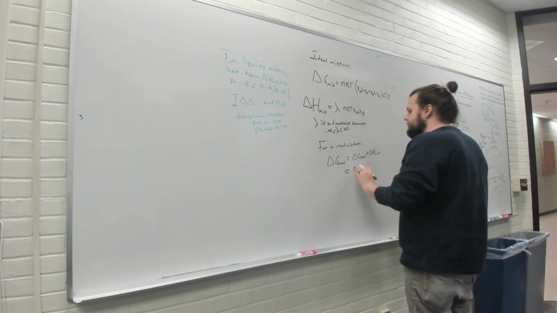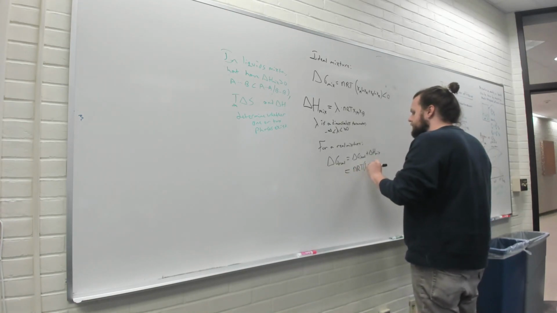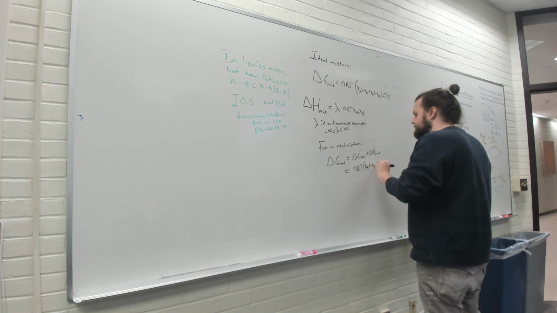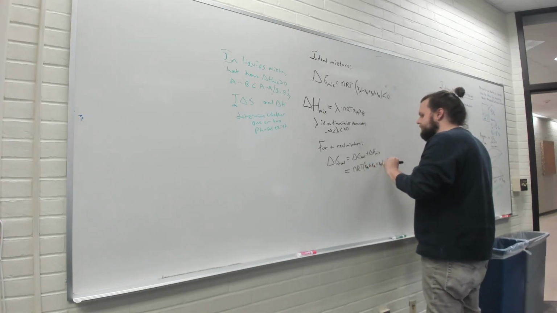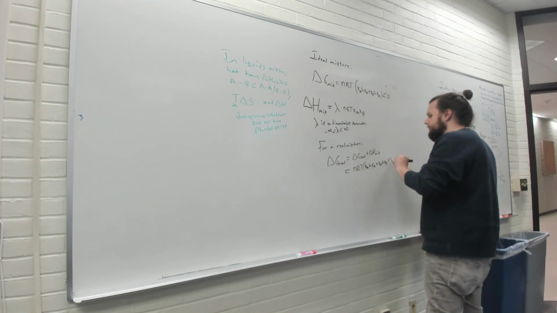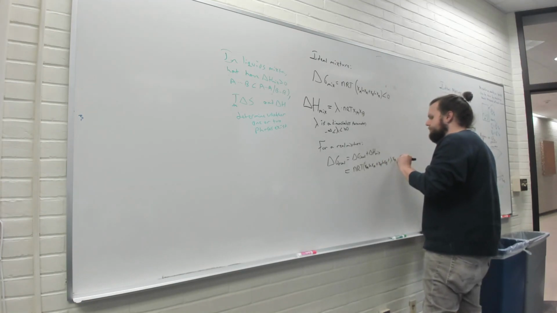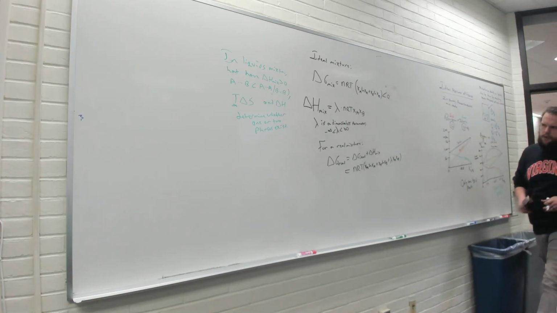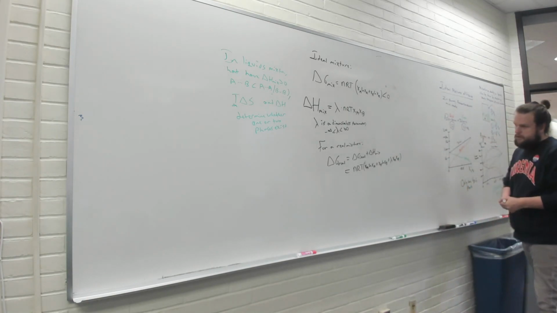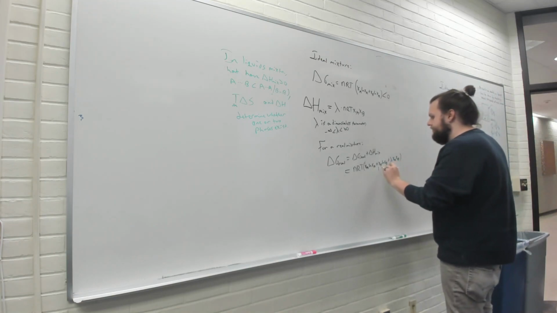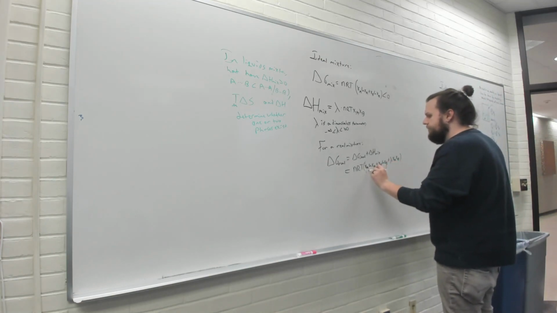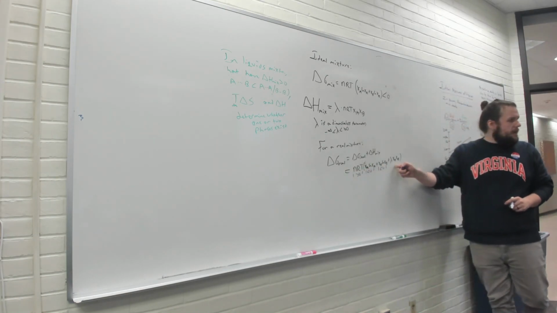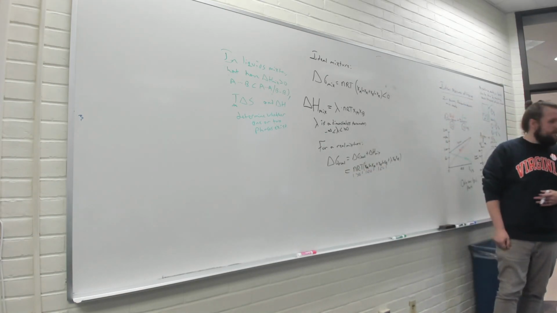And just doing the algebra, you get nRT times XA ln XA plus XB ln XB plus lambda XA XB. So notice again, this term is less than 0, this term is less than 0, this term is greater than 0, and depending on the value of lambda, it's either positive or negative.